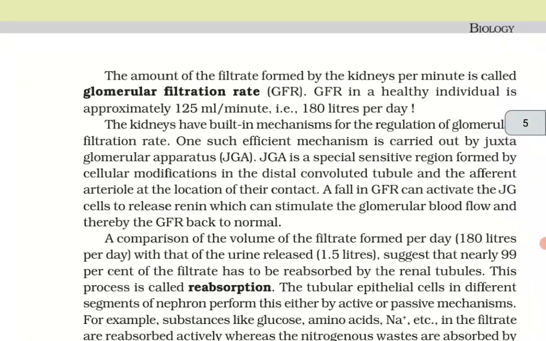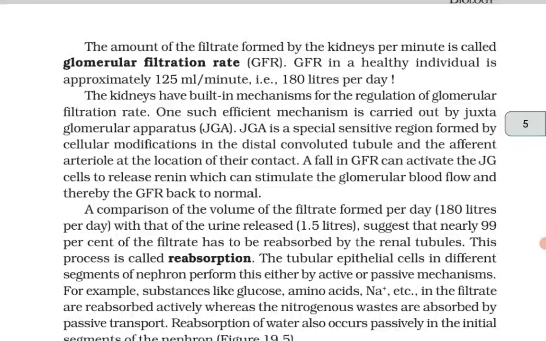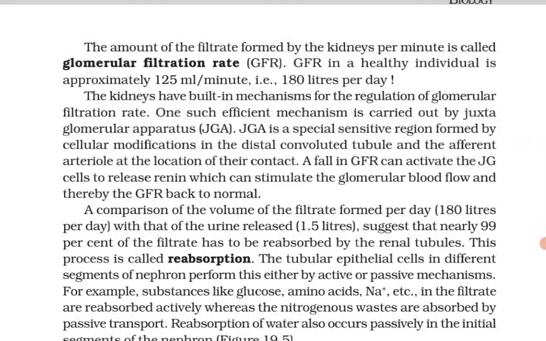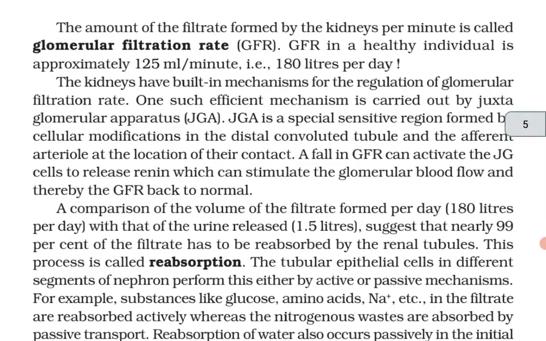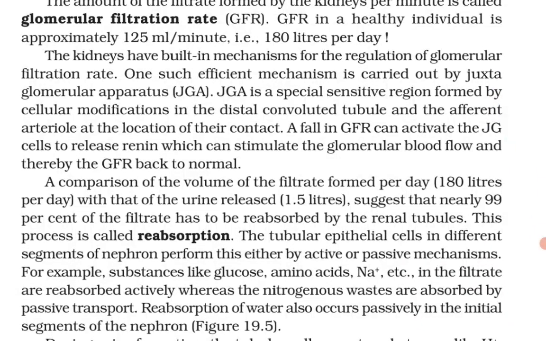The amount of filtrate formed by the kidneys per minute is called glomerular filtration rate, GFR. GFR in a healthy individual is approximately 125 ml per minute, that is 180 liters per day. The kidneys have built-in mechanisms for the regulation of glomerular filtration rate. One such efficient mechanism is carried out by the juxtaglomerular apparatus, JGA.